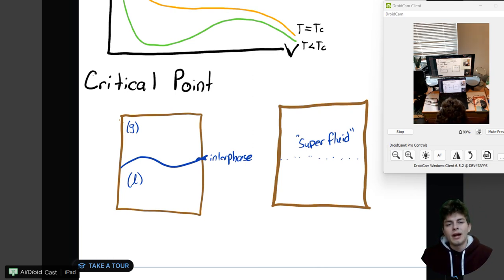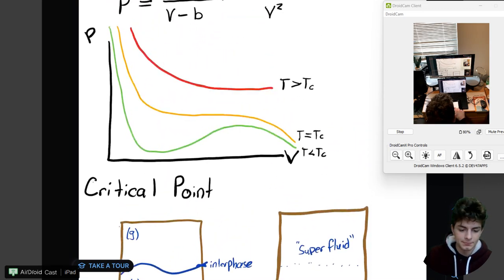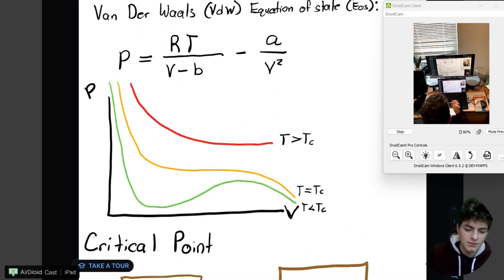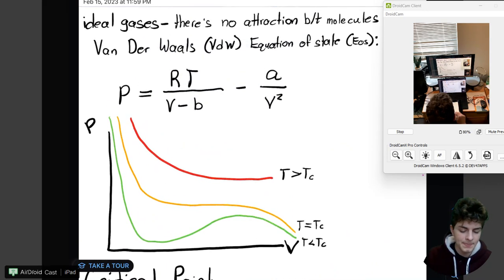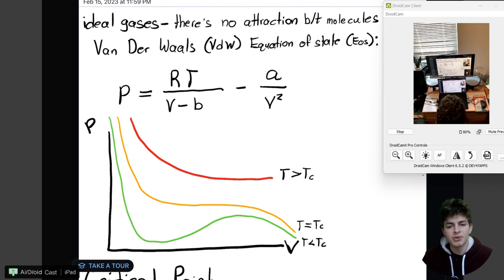Now you may wonder, why is the critical point so relevant to our discussion of the van der Waals equation of state? What's really nice about the critical point here is that its graph looks a little special compared to the other two.